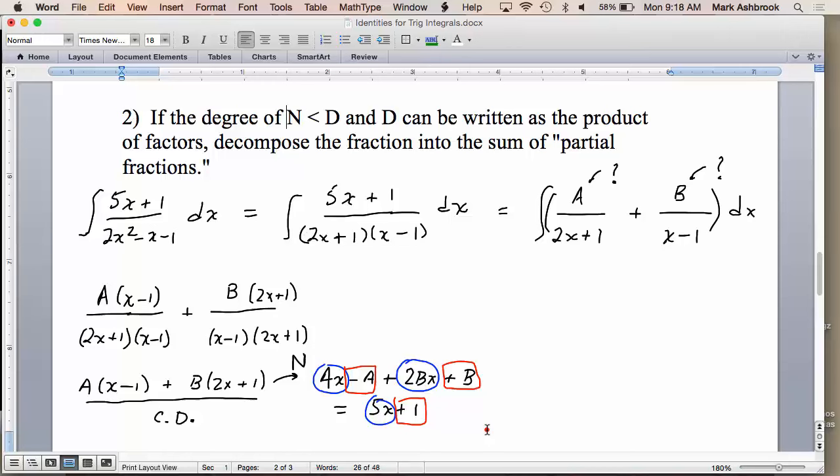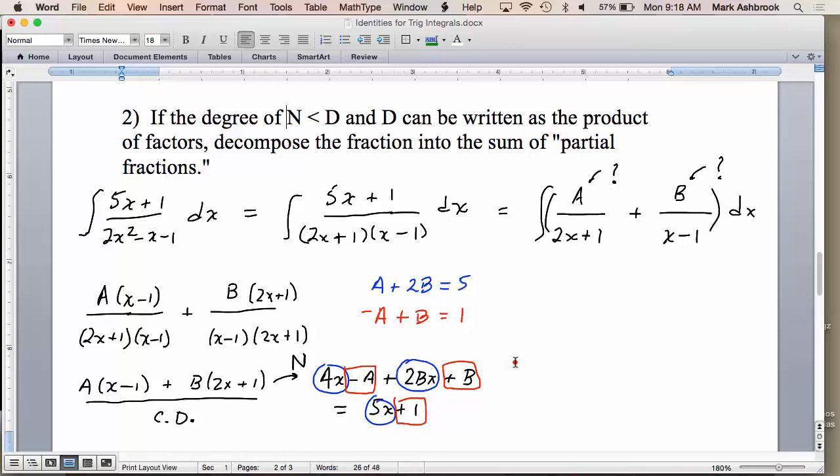So the coefficient of x is A plus 2B. A plus 2B has to be 5, and negative A plus B has to be positive 1. Did you follow it? Does it make sense?